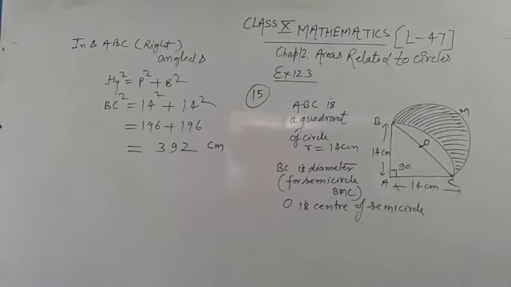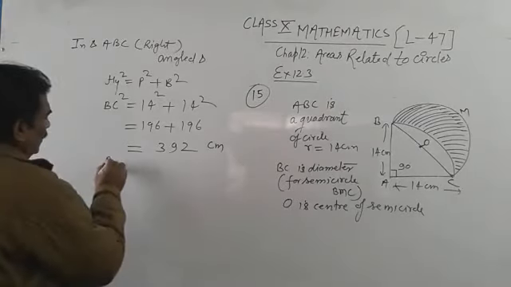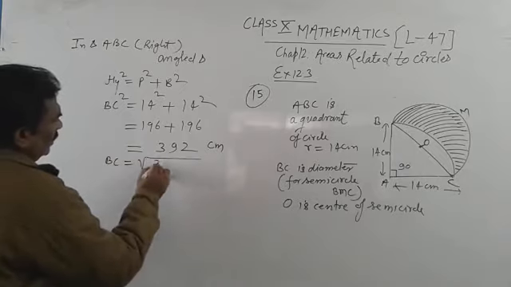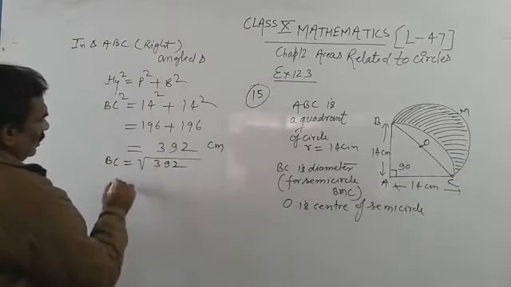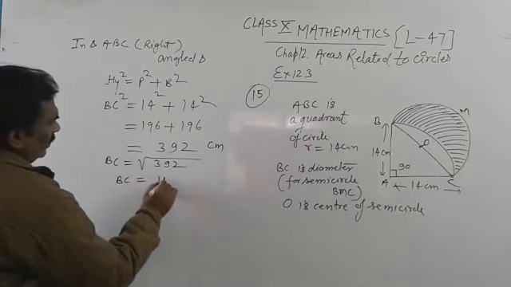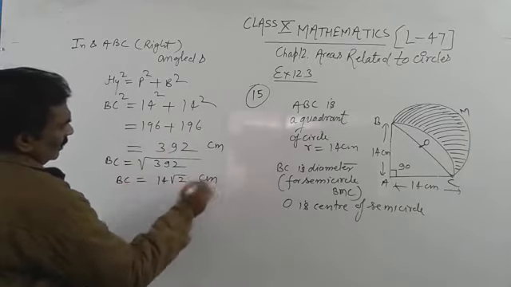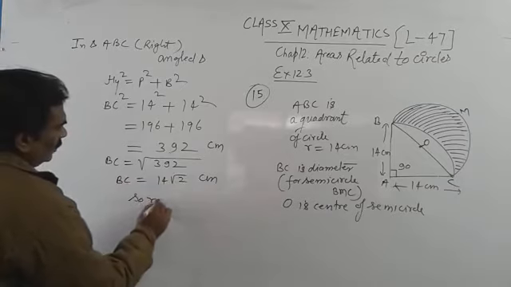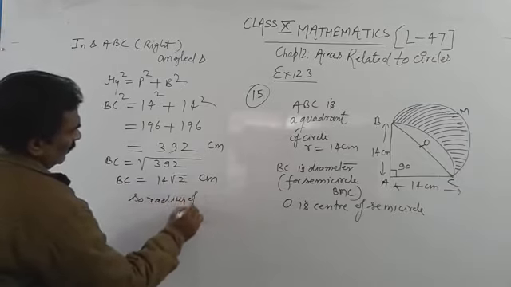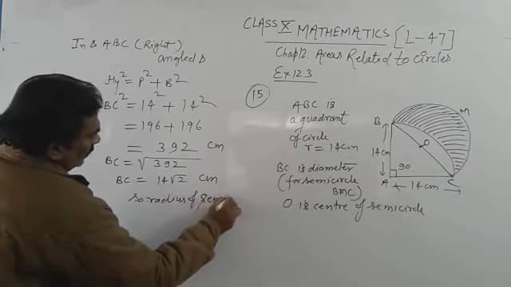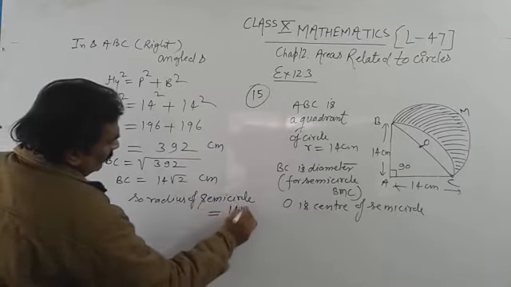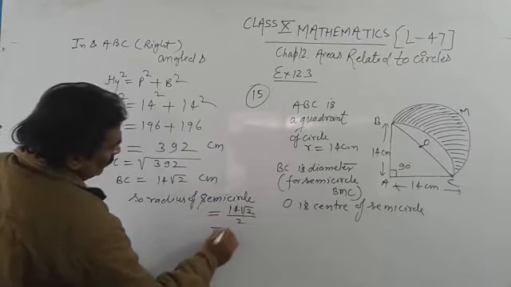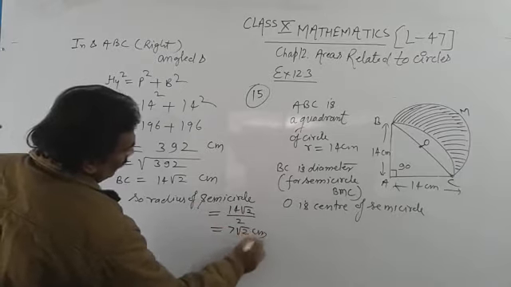So now students, we can write BC is equal to under root 392, or BC is equal to 14 root 2 centimeter. So the radius of the semicircle is equal to 14 root 2 upon 2, that is 7 root 2 centimeter.